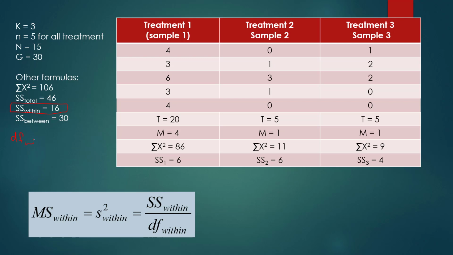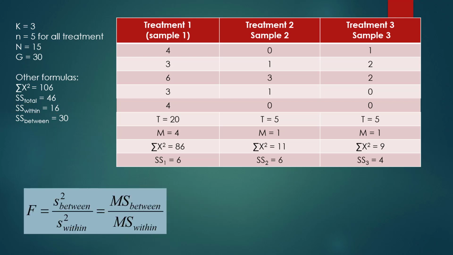So we said our degrees of freedom within is our big N minus K. So look up here, we know big N is 15, K is 3, which gives us 12. So we plug these things into the formula, 16 over 12, and if we calculate that out, we get 1.33.